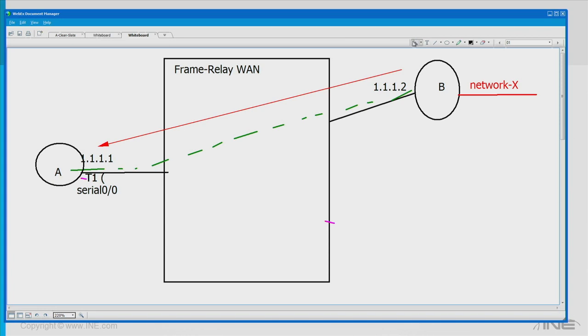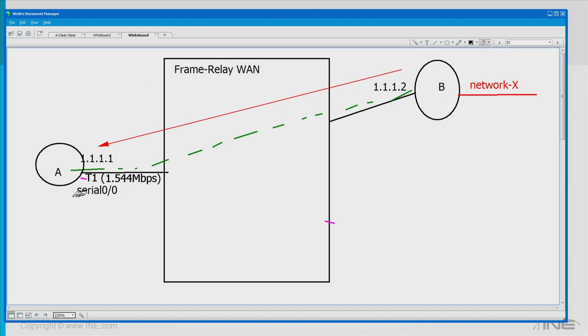Now you should know from the exam what the link speed of a T1 is. What's the maximum rate that a T1 can operate at? That is 1.544 megabits per second. So in Frame Relay terminology, we would call that the access rate. The access rate being the fastest physical line rate my cable can go and everything connected to that cable.